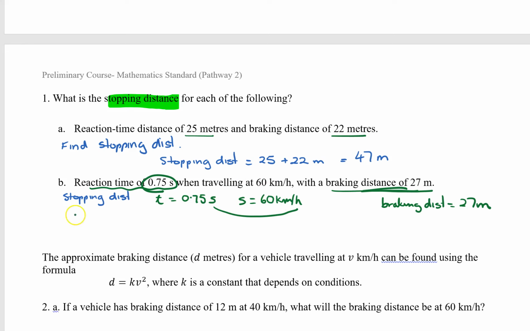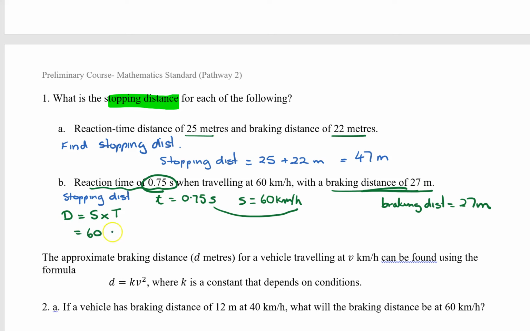To find this reaction distance travelled, distance is speed times time. The speed is given as 60, but it's kilometres per hour. Now, I don't have an hour. I'm not going to go 60 kilometres. I only have 0.75 of a second. I don't even have 1 second. How do we convert seconds to hours?